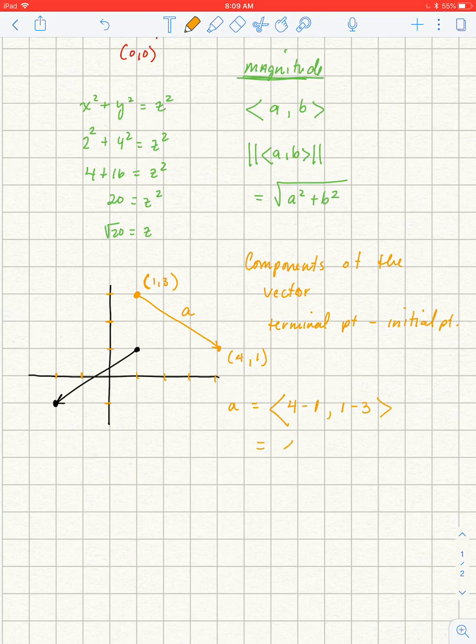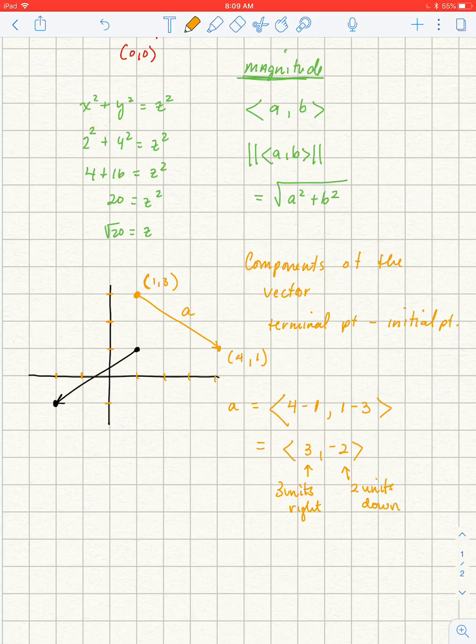So in this one, I got 3, negative 2. And that should make sense because 3 units right, and 2 units down.